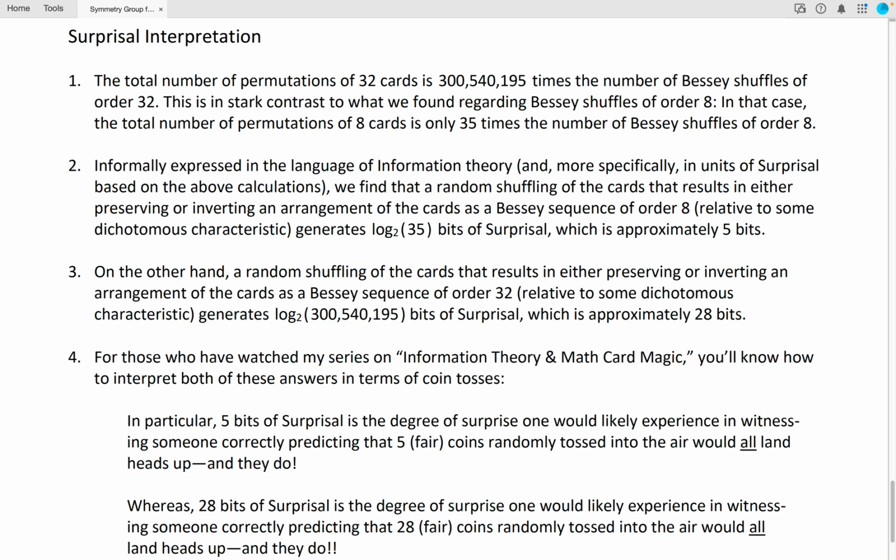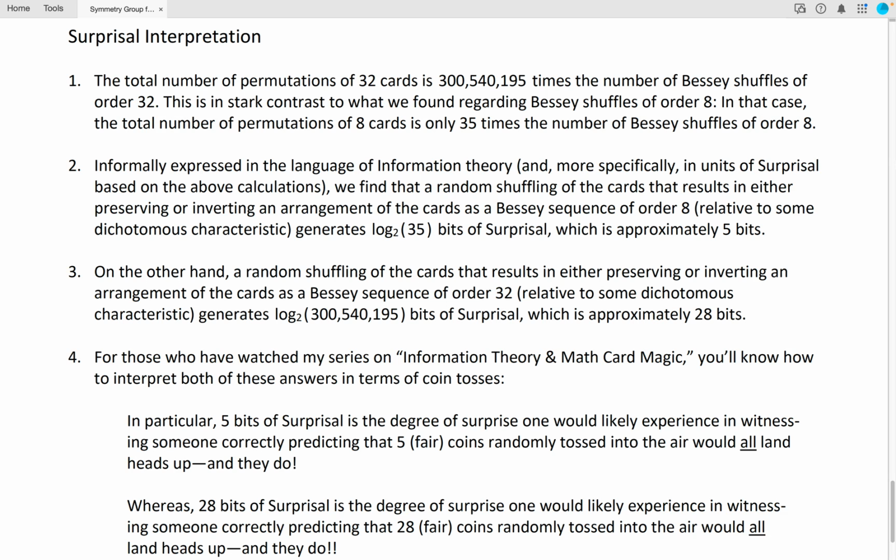This is in stark contrast to what we found regarding Bessey shuffles of order 8. In that case, the total number of permutations of 8 cards is only 35 times the number of Bessey shuffles of order 8.